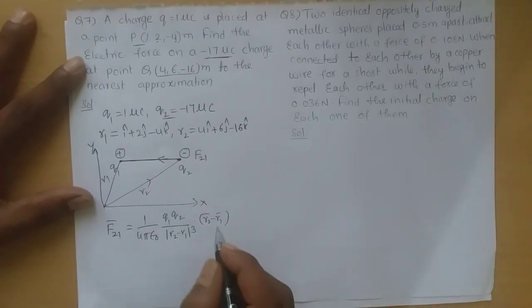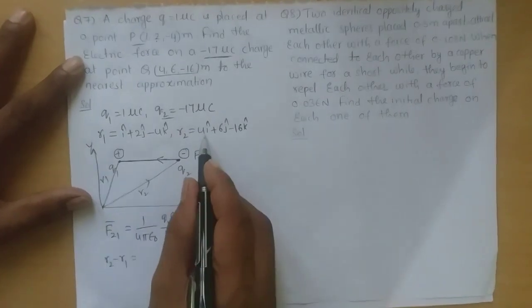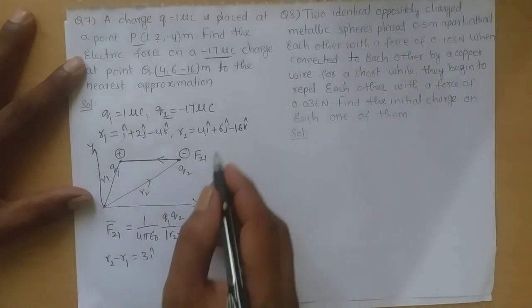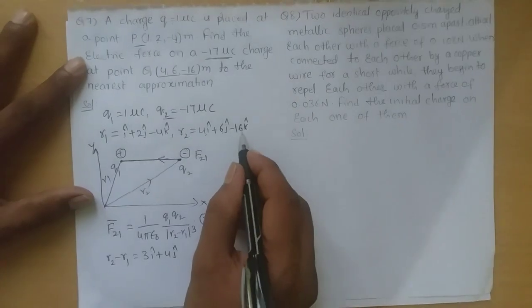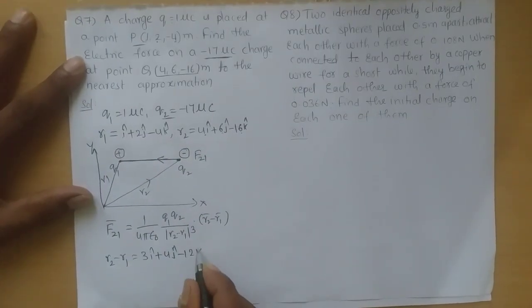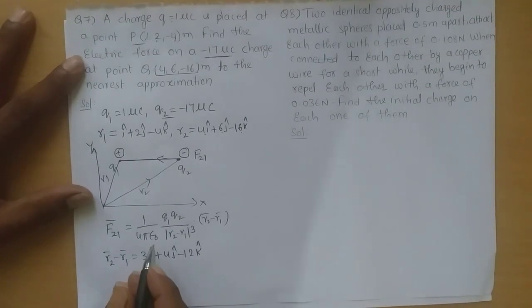From here we have to find R2 minus R1 first. R2 minus R1 equals 4i minus i, 3 i cap; 6j minus 2, plus 4 j cap; minus 16 minus of minus 4, minus 12 k cap. This is the R2 bar minus R1 bar value.